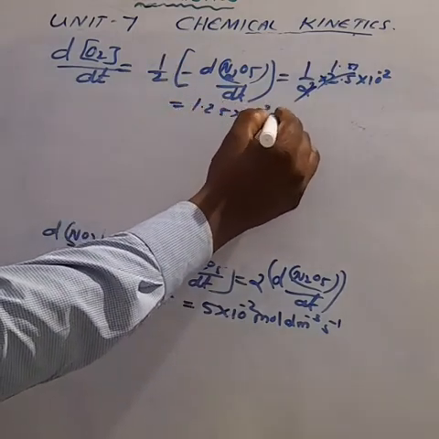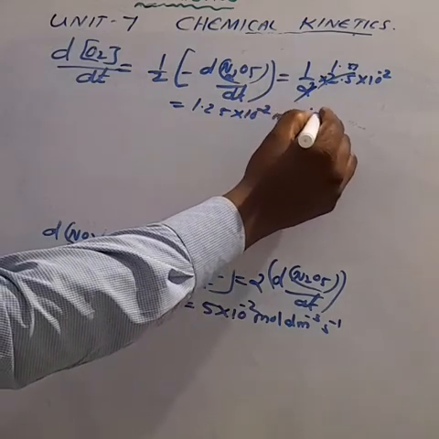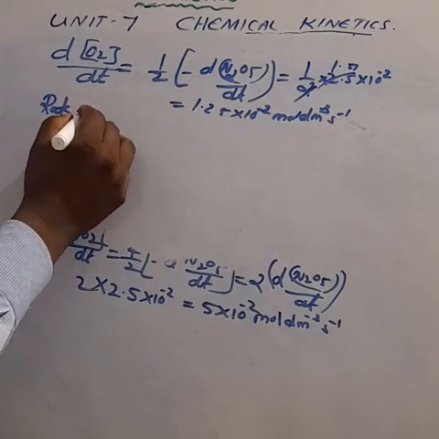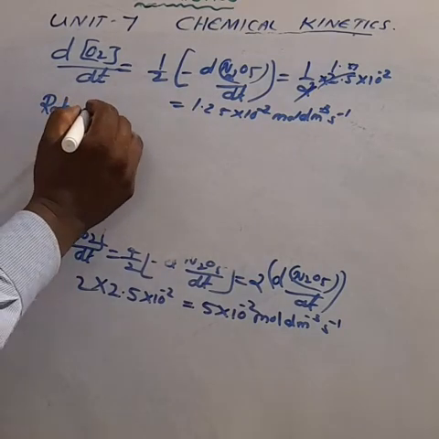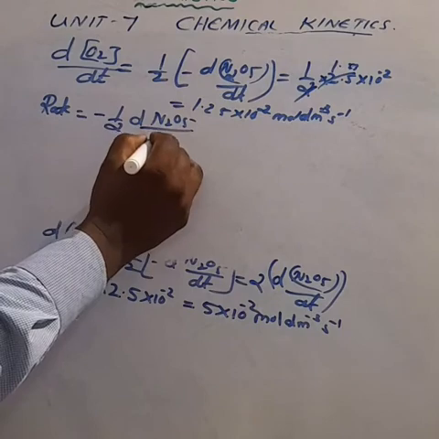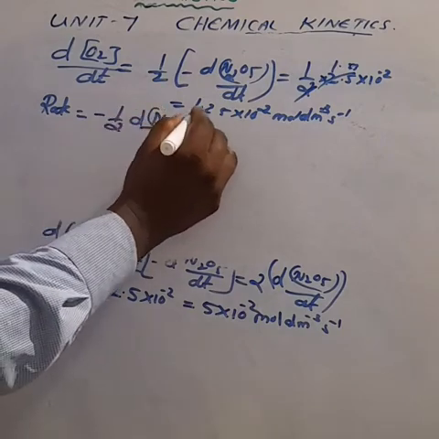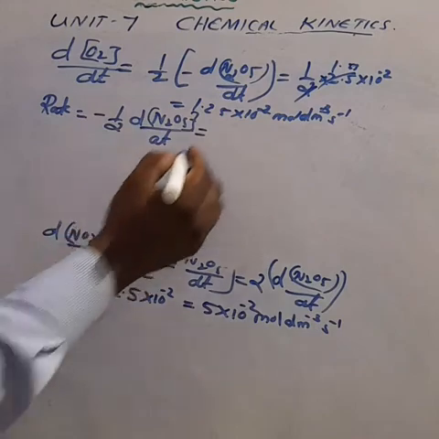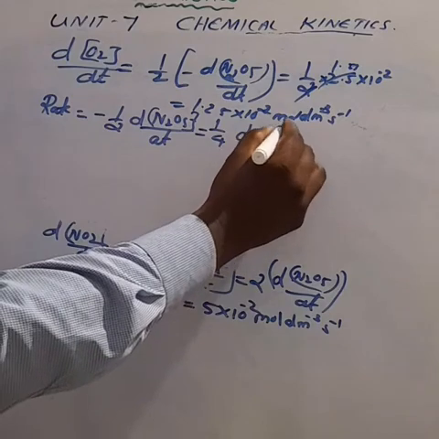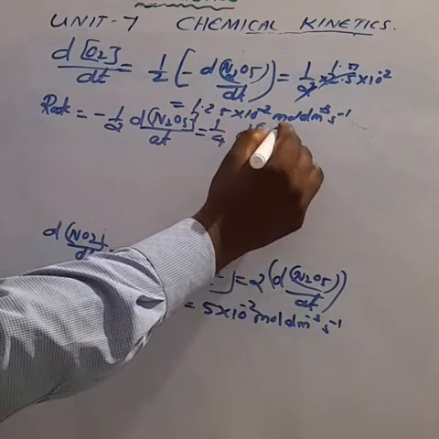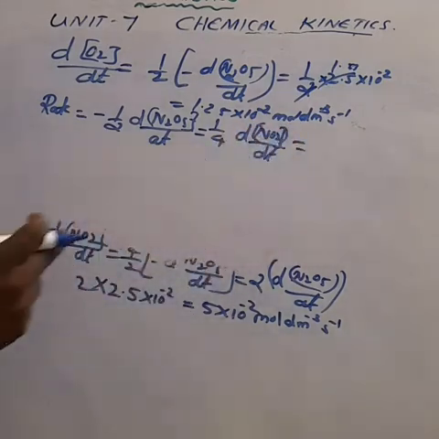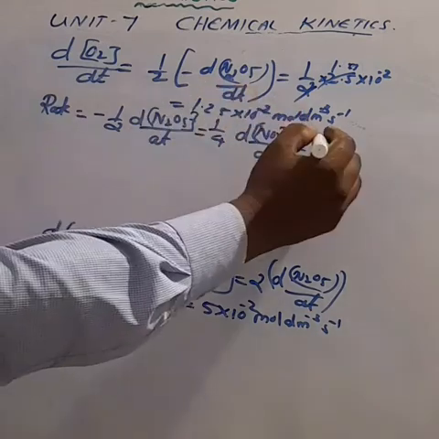Next we have to write the overall rate. That is, rate is equal to the reactant, minus of 1 by 2 d N2O5 divided by dt, that is concentration of N2O5 divided by dt, which is equal to the product, 1 by 4 d of NO2 by dt, which is equal to the other product, d of O2 by dt.